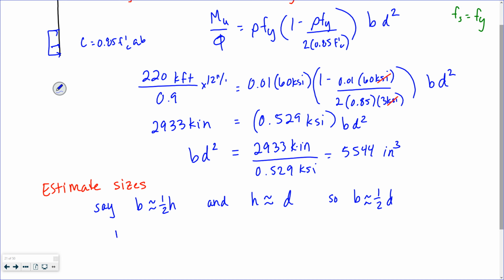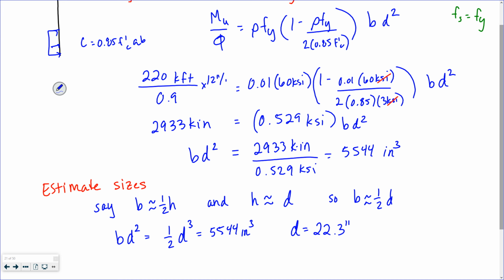So if I use BD squared and I put that B equals half D in there, I get 1/2 D cubed is equal to 5,544 inches cubed. I get a D of 22.3 inches, which is about 2 feet.